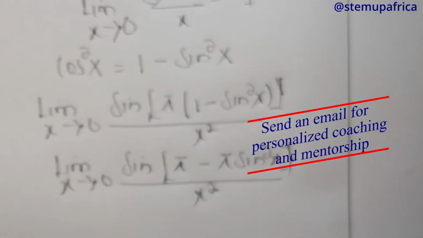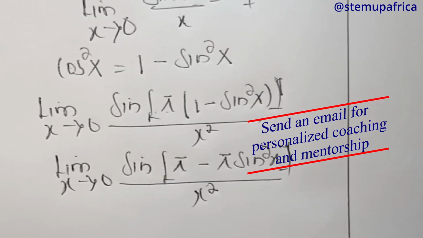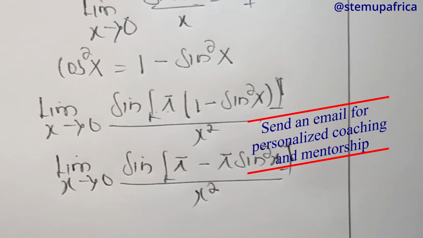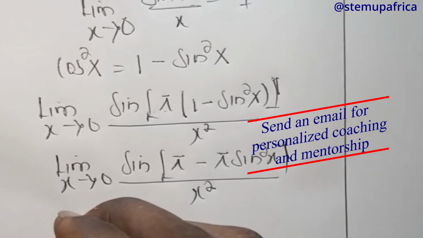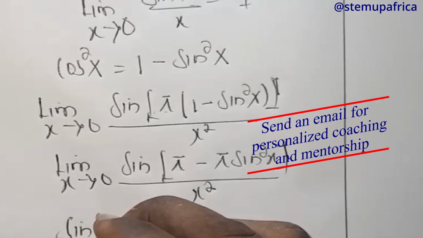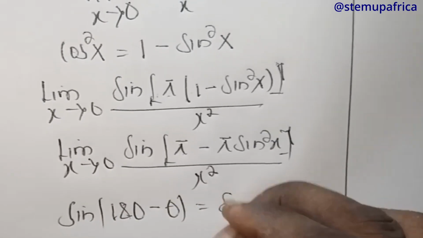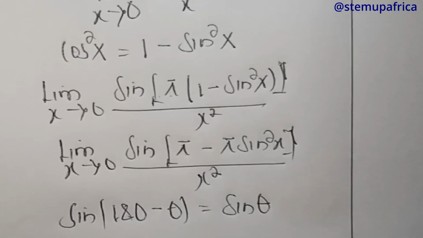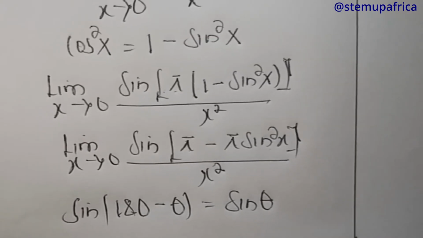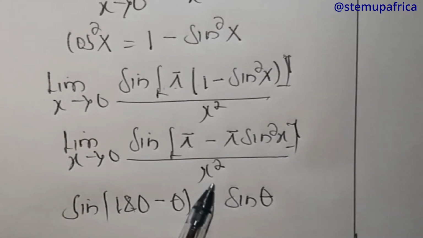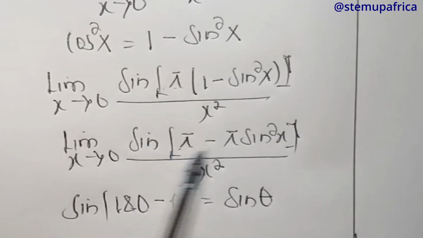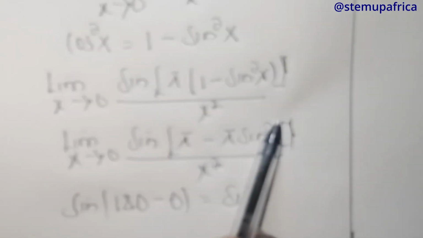Recall that in calculus, whether it's integration or differentiation, pi is always 180. So let's recall from general trigonometric angles that sine of 180 minus theta is simply sine theta. Sine is positive in the second quadrant. This pi, like I said, is 180, and the whole of this represents our theta.